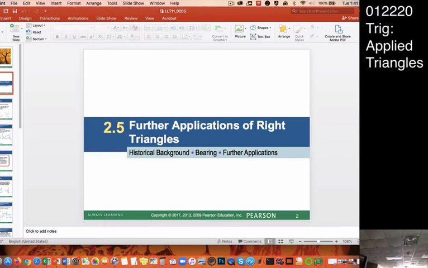So, for example, let's make a little flagpole, and here we stand. Here's our eye. Looks like a reptilian eye or something.